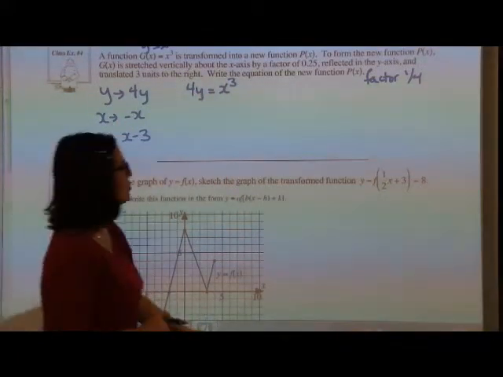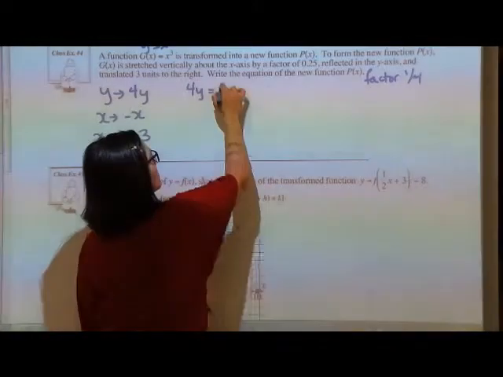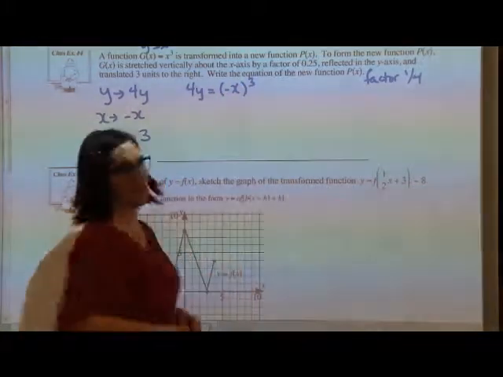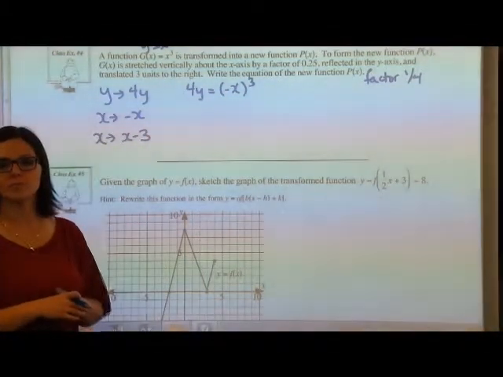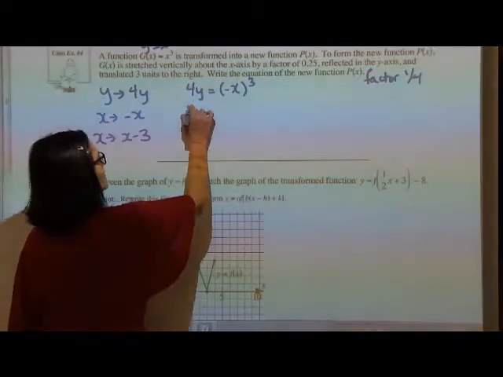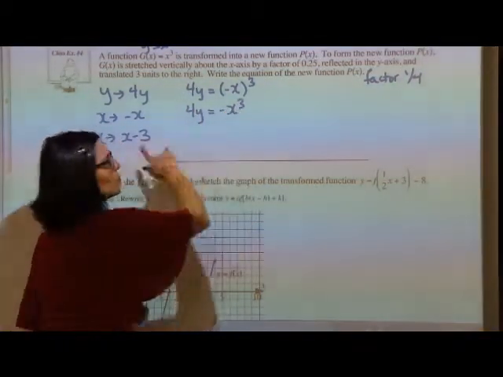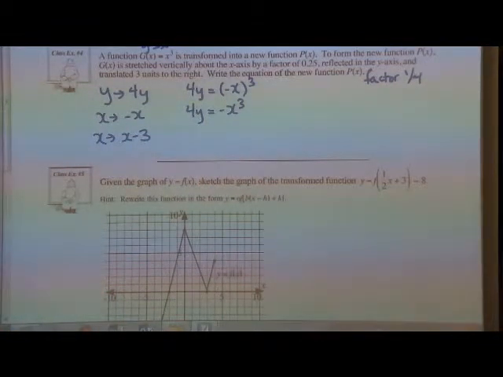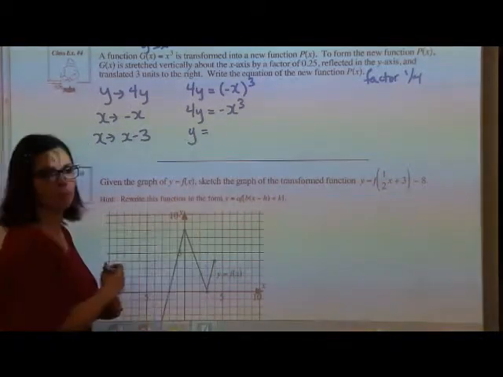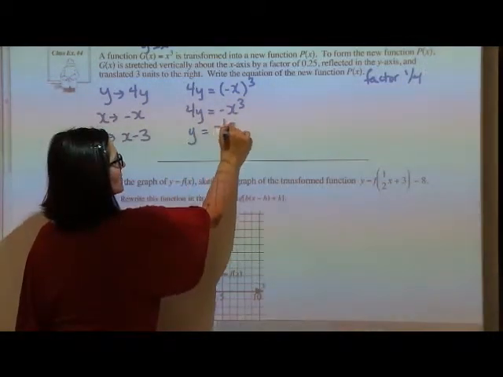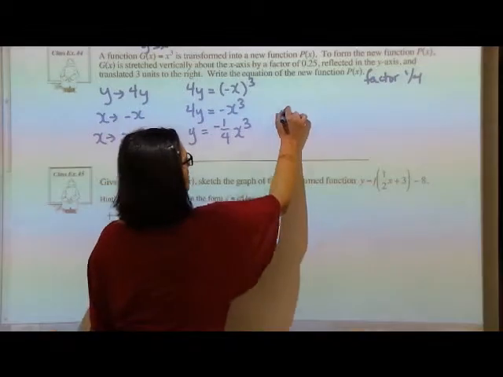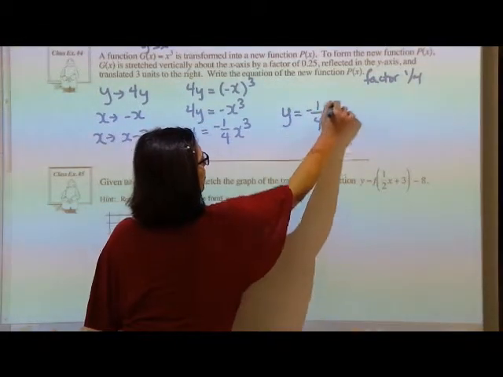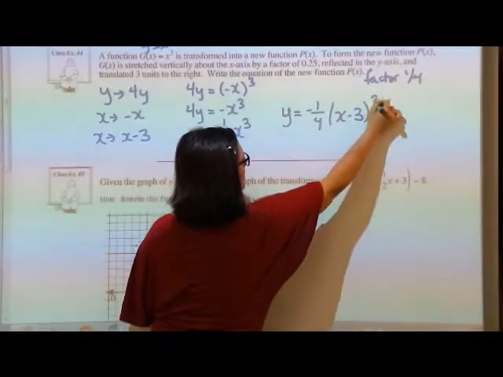And I can actually do my replacement of my negative at the same time. So I get negative x cubed. Move the 4 over, and what would I have? 1/4. With the negative, negative 1/4 x cubed. And then I put in the x minus 3. So I have negative 1/4 x minus 3 cubed.